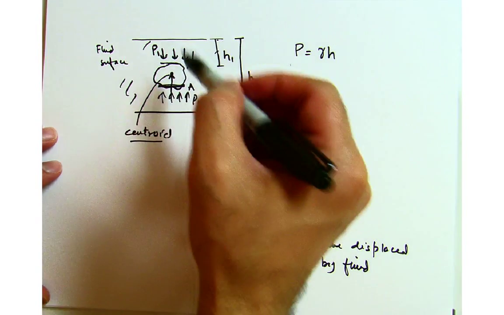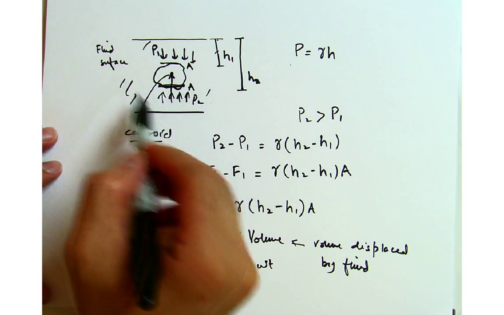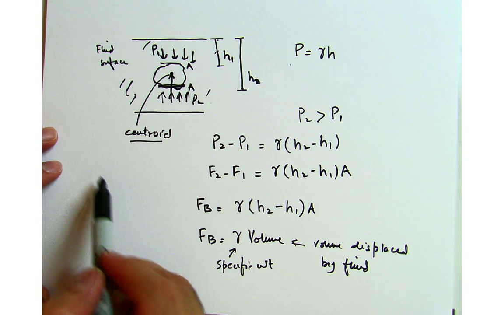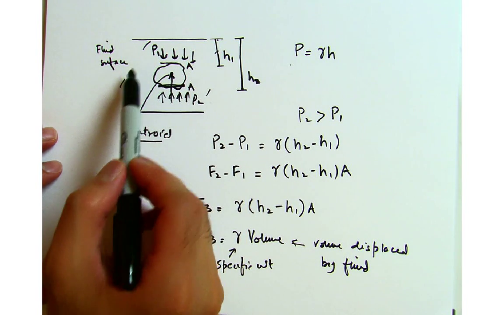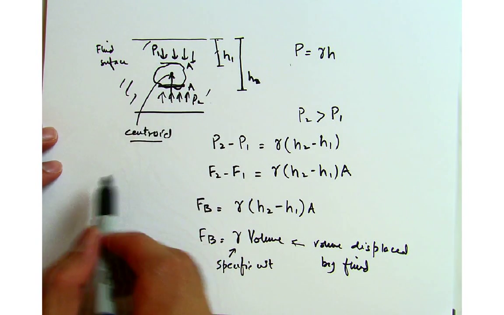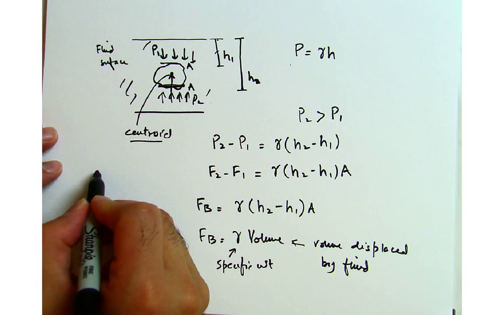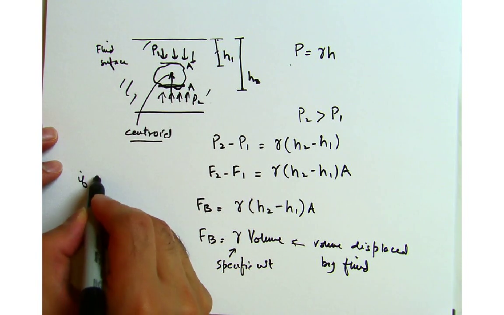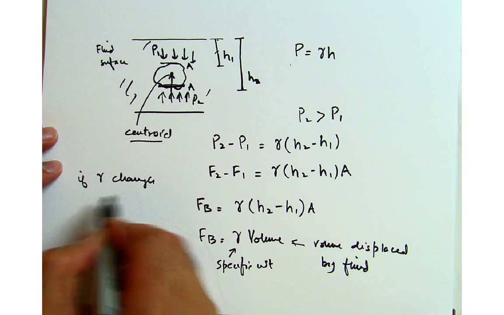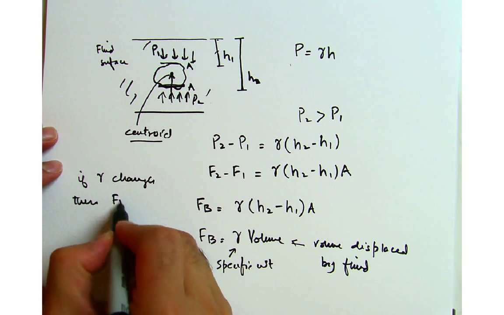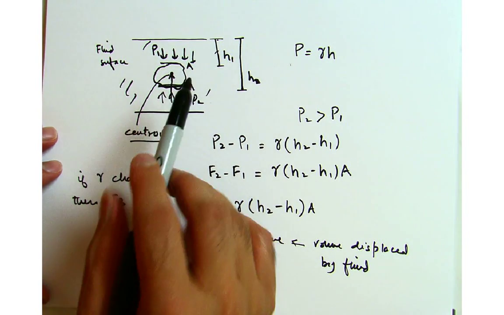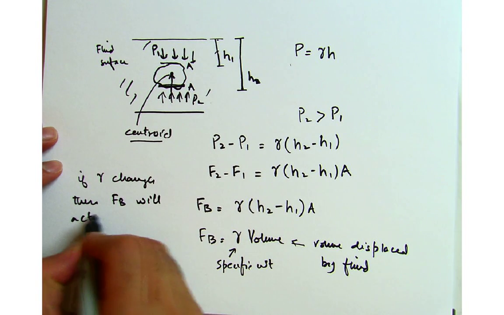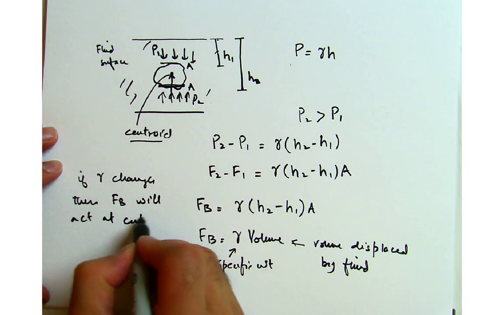This is true when gamma is constant for the fluid, but if gamma keeps on changing as you go down in the fluid, then this force will act at the center of gravity. So if gamma changes, the buoyant force, which acts upwards, will act at the center of gravity.